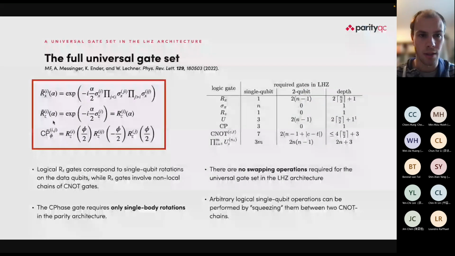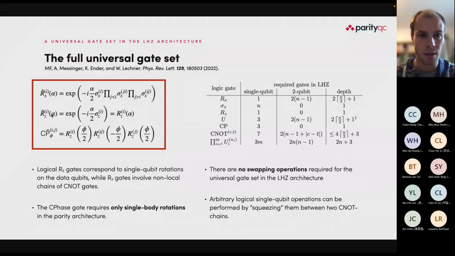So we have this logical Rx rotation. Note now that the tilde on the operator denotes a logical operation. So this corresponds to this product of sigma x operations. Basically, this operator just corresponds to this CNOT chain along logical lines.